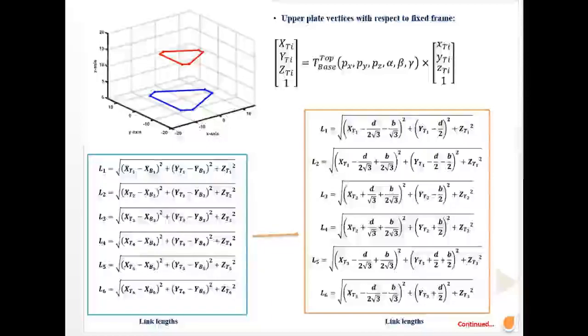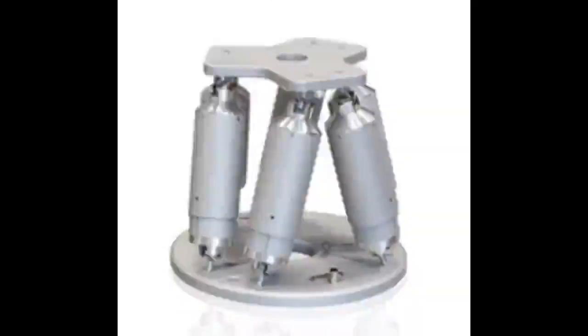It is to be noted that the rotation is demonstrated by rotation about the fixed x-axis theta x, y-axis theta y, and z-axis theta z, also known as the roll, pitch, and yaw angles, respectively.